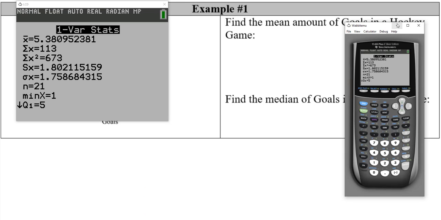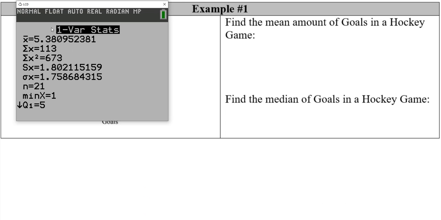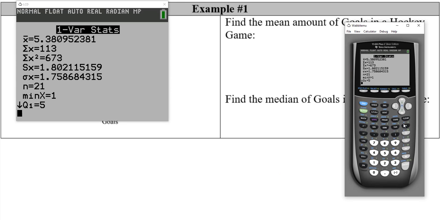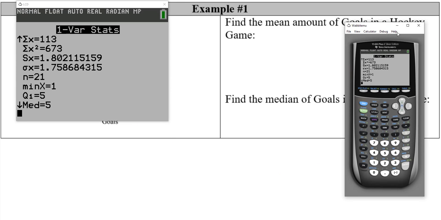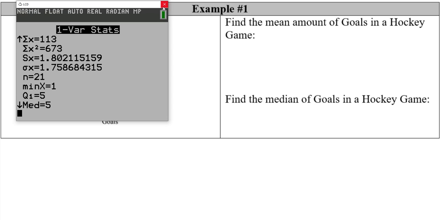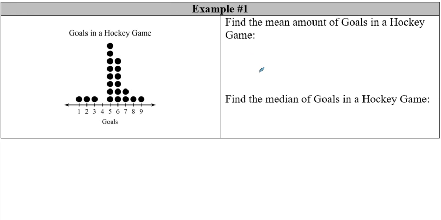All right, so it looks like our average, the mean, is 5.38, and we have a median of 5. So let's write that in. We got x bar 5.38, and then our median is 5.